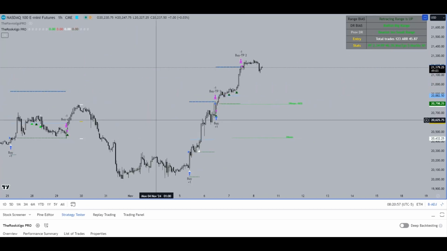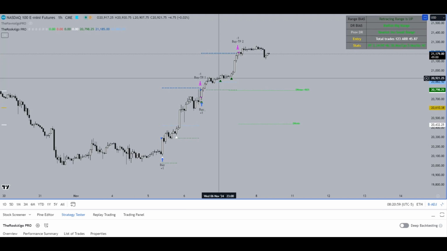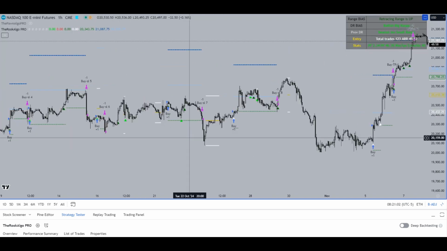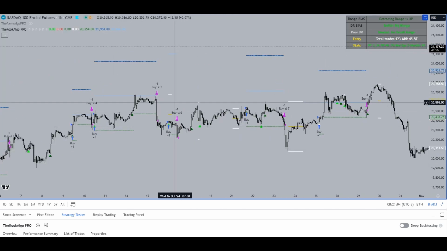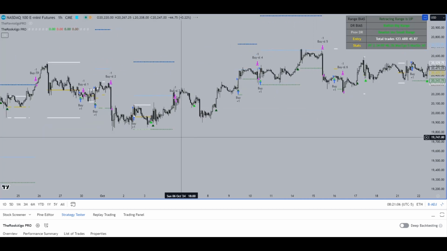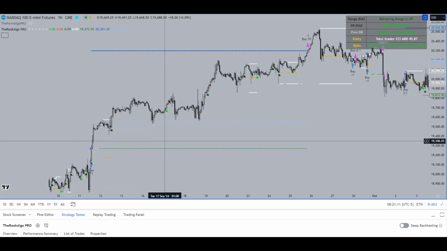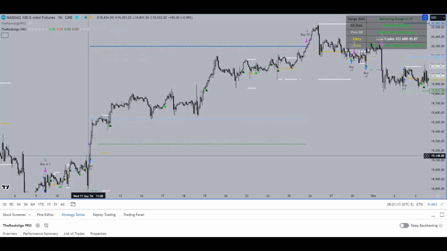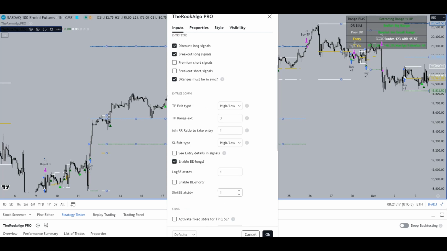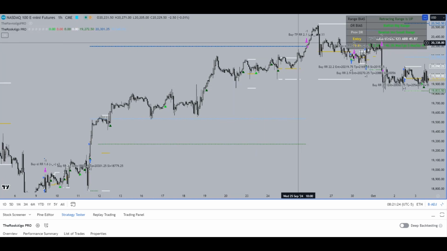Going to move back in time so you can see it performs as we want it to. We can add this option, entry details, to see the risk-reward of each trade.